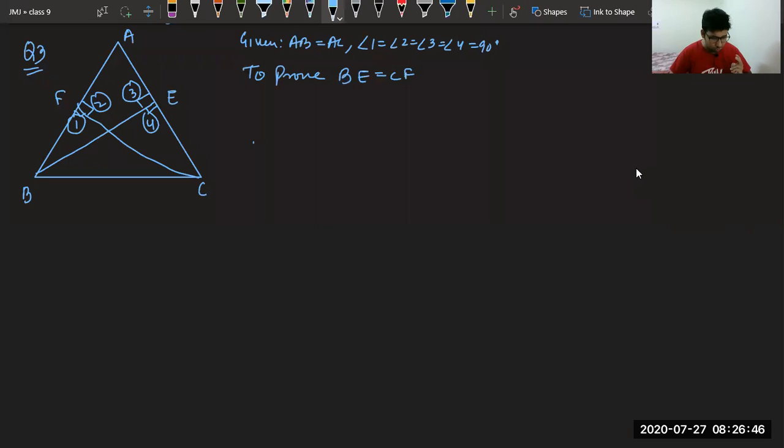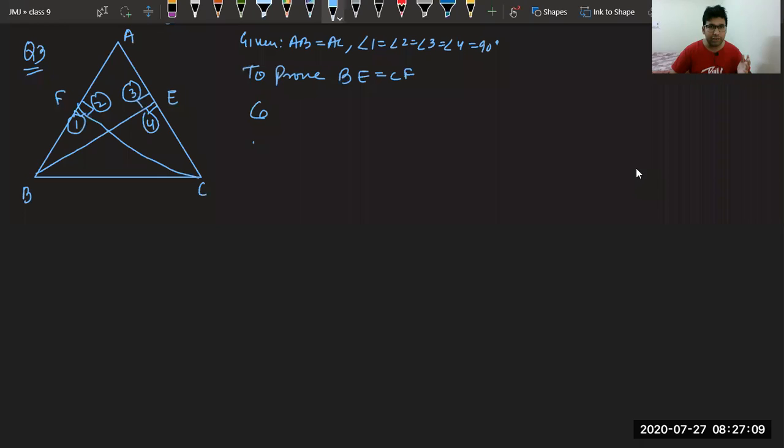Again, there are two cases possible. Okay, Utkarsh saying ABE and ACF, very good Utkarsh. Others, AEB and AFC, very good. Bhavya, very good. Triangle BEC and FCB, very good beta. So Moksh has taken second case, others have taken the first case. So there are two possible cases to prove this. You can take any one.